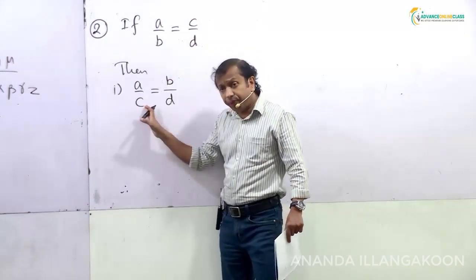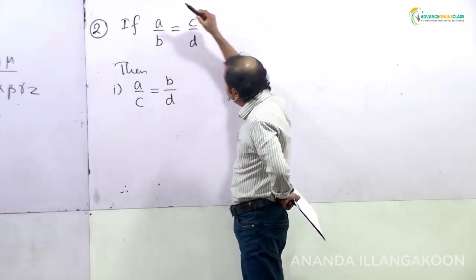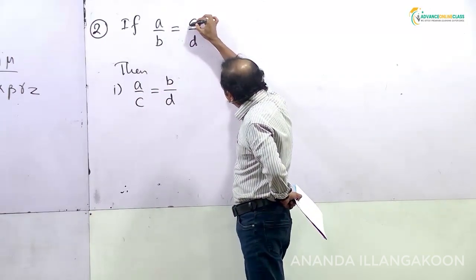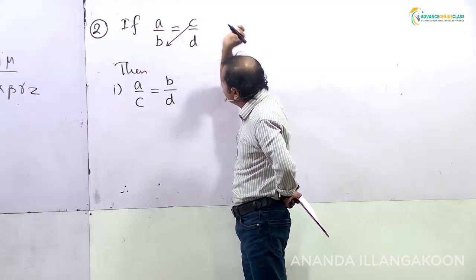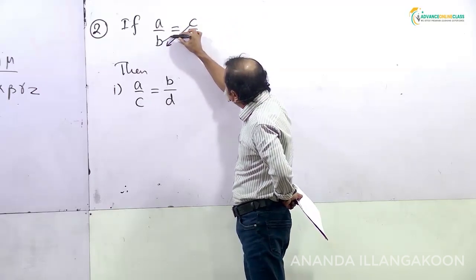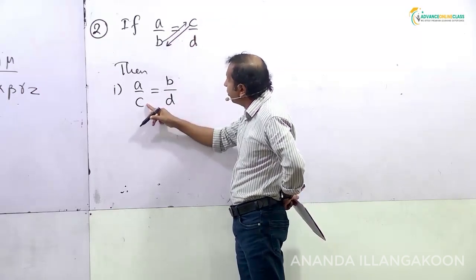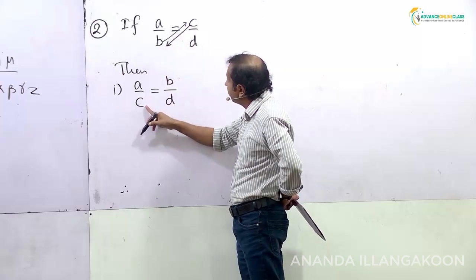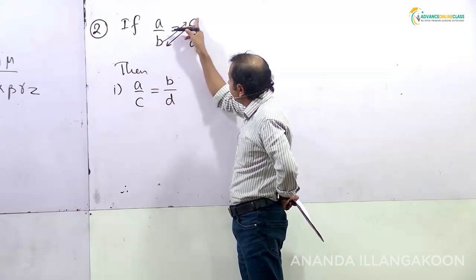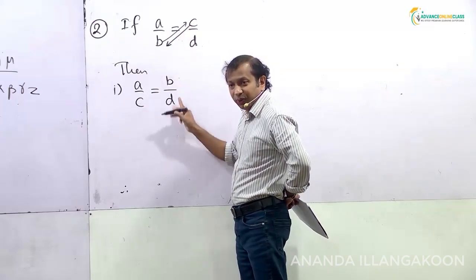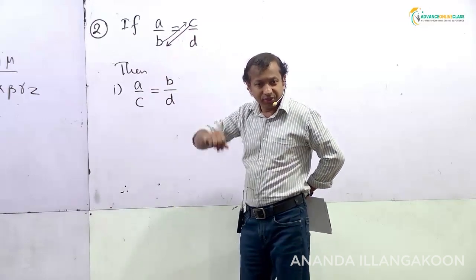This means in the proportion, you can bring this C here and this B here. That's what we have here, no? Once you bring this C here, we get A over C, and B here, B over D. I told you, along the diagonal, you can exchange the numbers.